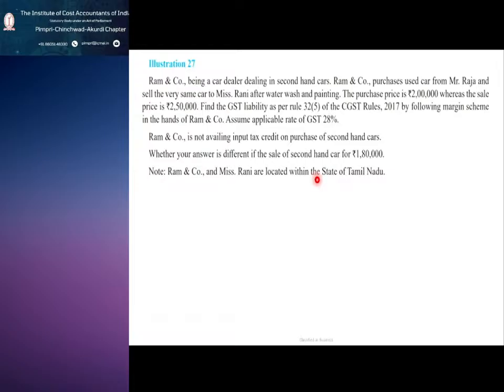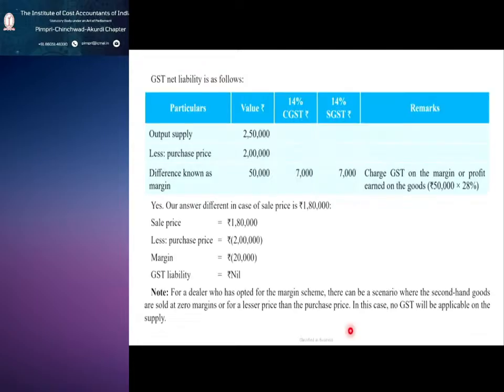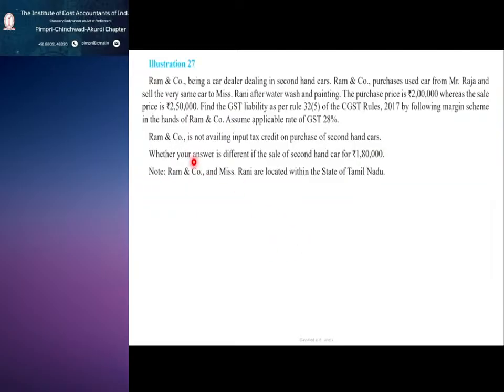When you show it, you have to show CGST, SGST 14%. Fine. So now in the same question itself, whether your answer is different if the sale of second hand car is 1,80,000. So your purchase price is 2 lakhs and you are selling it for 1,80,000, negative margin, so no GST. Okay.